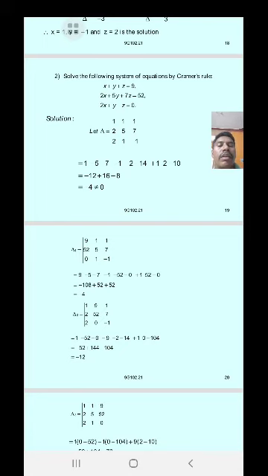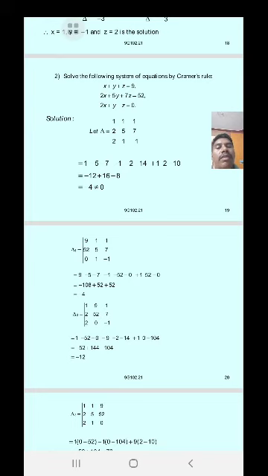Now delta 1. So in the delta we replace the first column with the constant terms of the equations, the right side terms, that is 9, 52, 0. Remaining second, third columns are as it is from the delta. Now if we expand, here also brackets are not printed, but we have to keep them.